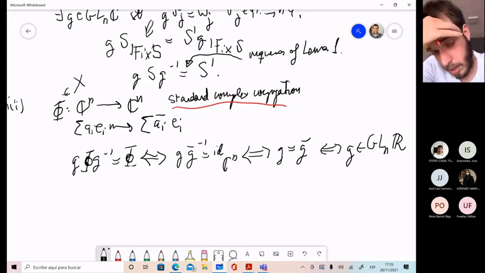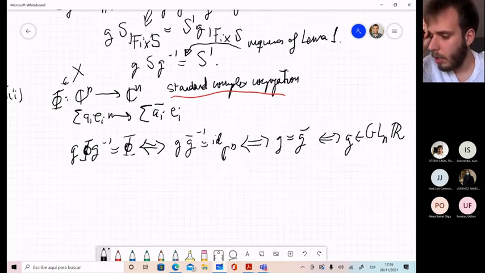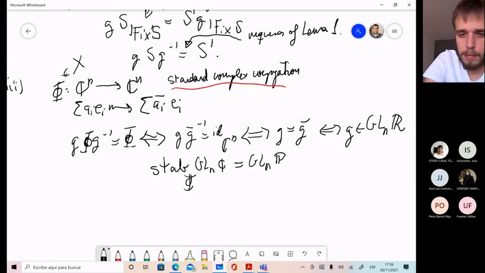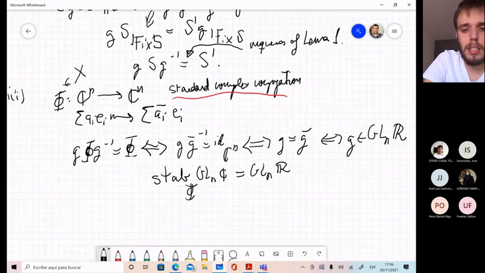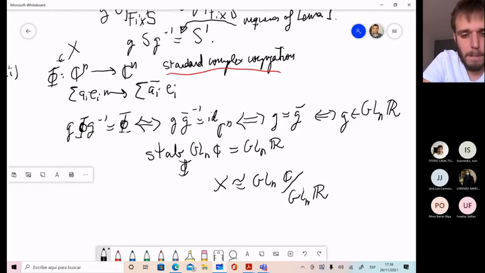Because if a complex number is equal to its conjugate, then it's a real number, right? Okay. So then you have that the stabilizer of the action of GL_n(C) at phi is equal to GL_n(R), and since GL_n(C) is acting transitively, then X is equal to GL_n(C) mod GL_n(R).